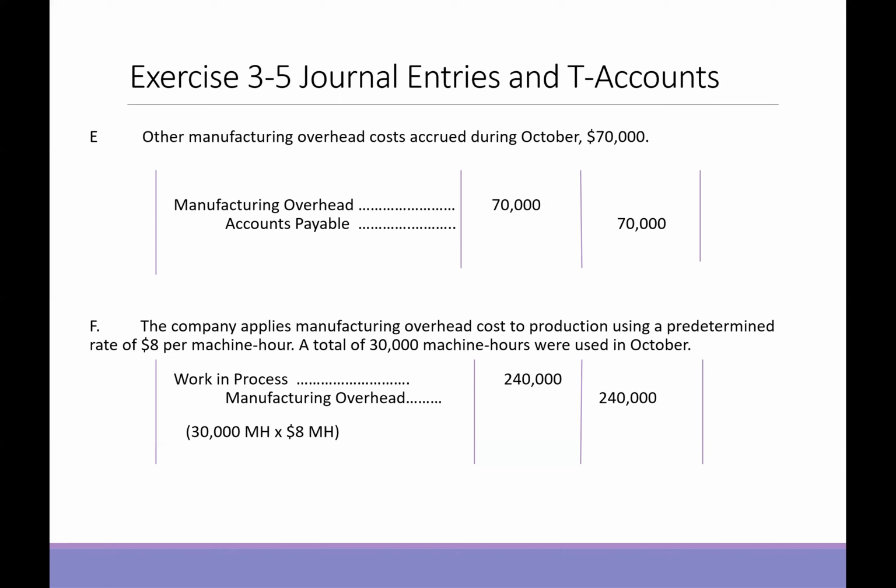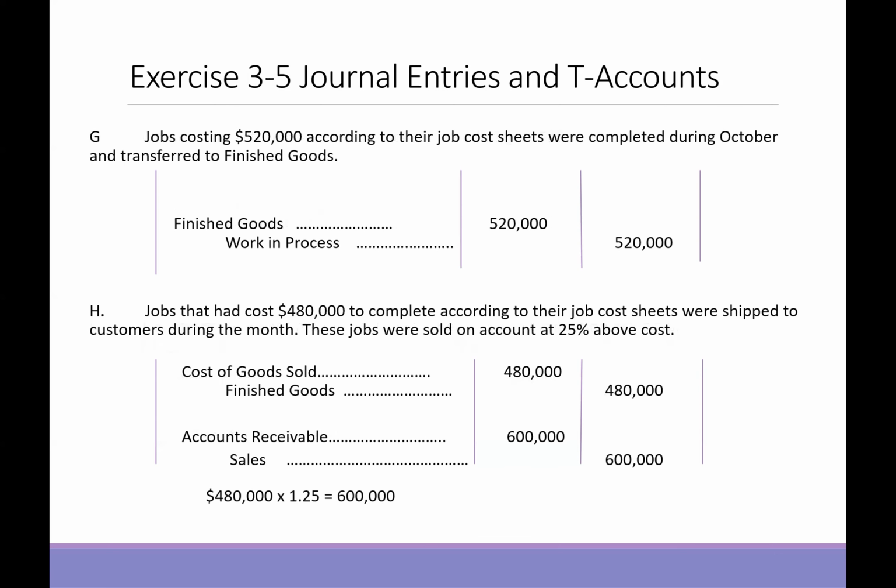We will credit manufacturing overhead 240,000. Guys, remember, when we bring in actual costs to manufacturing overhead, we debit it. When we assign manufacturing overhead to products, we credit it. The applied is always credited from manufacturing overhead.